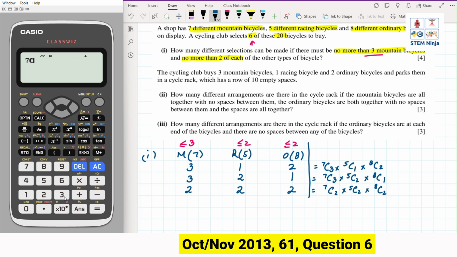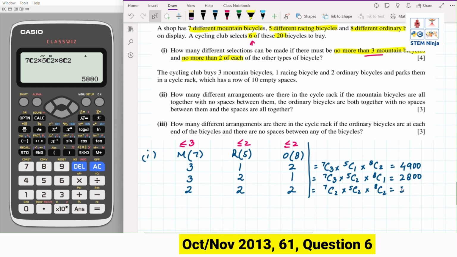So 7C3 times 5C1 times 8C2, 4900. Then we have 8C1, 5C2, 2800. And then we have all of them too, 7C2 also.